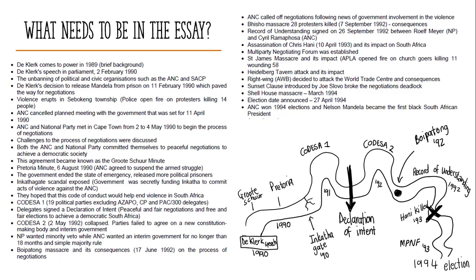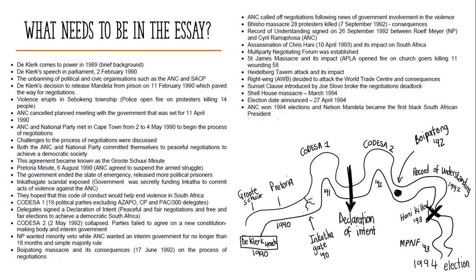The next thing that happens is CODESA 1. The Groote Schuur Minute and the Pretoria Minute were basically just ANC and NP. Then you've got CODESA 1, which includes 19 political parties. It excludes groups like AZAPO, the Azanian People's Organization. You will remember they are a Black consciousness organization, so they believe in Black empowerment, and they refuse to negotiate with the apartheid government. So you have what they call left-wing and right-wing groups.